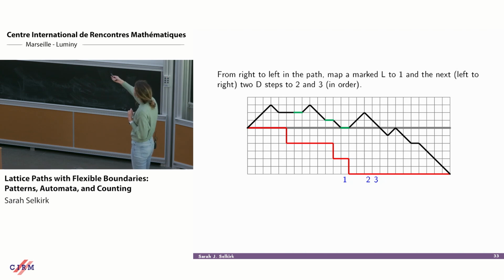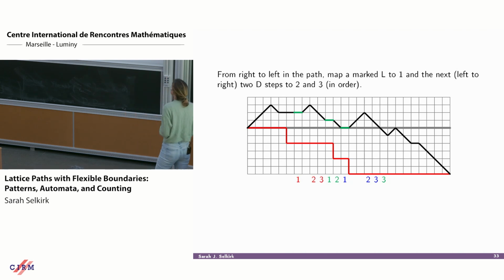And then from right to left, we're going to number the first down step, and then the next down step that comes after this level step, 2 and 3. Okay, so over here, 1, and then the next down step is there, and then the next down step is there, and then similarly repeating the process.